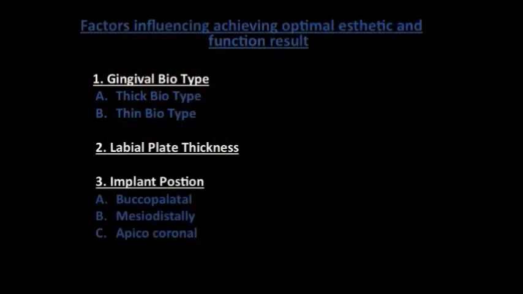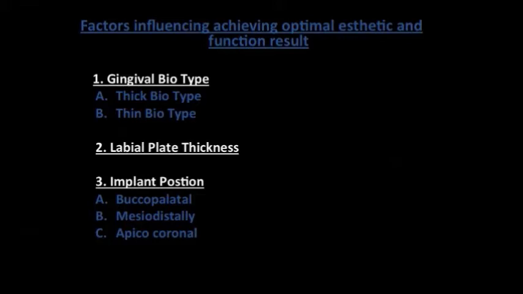There are some factors that are always influencing this kind of results, and in order to achieve optimal results in the aesthetic zone, we have to keep in mind and consider these three main factors. The first main factor is the gingival biotype in the defected area. As we all know, the gingival biotype is either a thick biotype or a thin biotype.